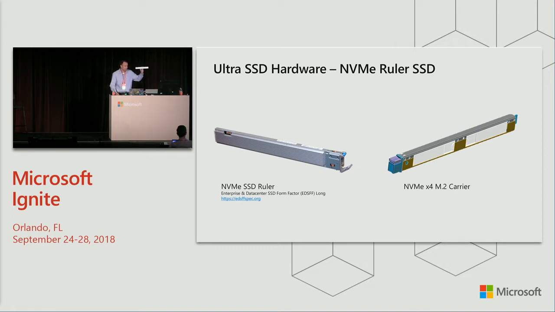This SSD holds 16 terabytes of NAND and addresses a lot of the issues we've seen with the other types of SSDs. Thermally, there's a lot of surface area to take the heat out, and it's hot swappable, and it goes back further into the SSD enclosure.